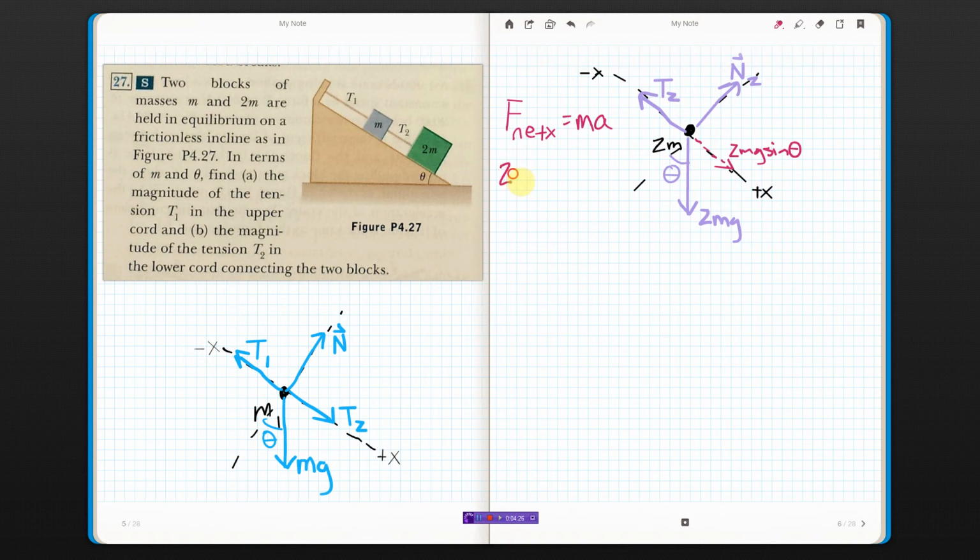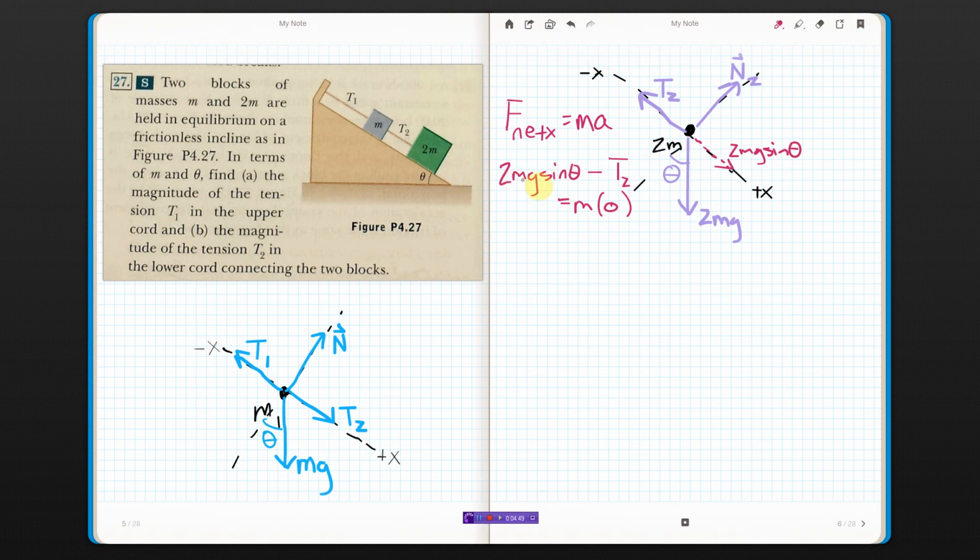So 2mg sine theta minus, up the slope, is T2. That equals m times a, and if this is all being held by ropes, it's not going anywhere, so the total acceleration is going to be 0.